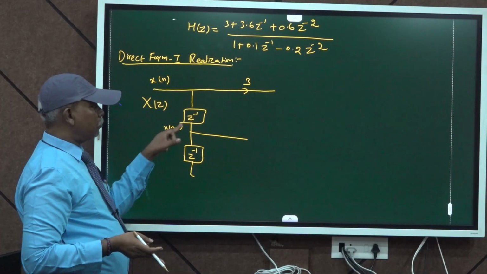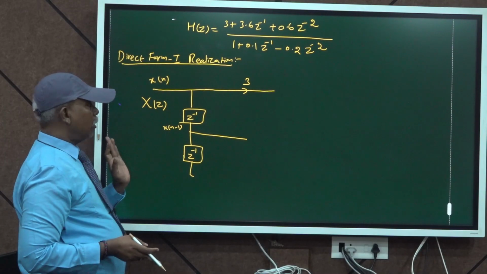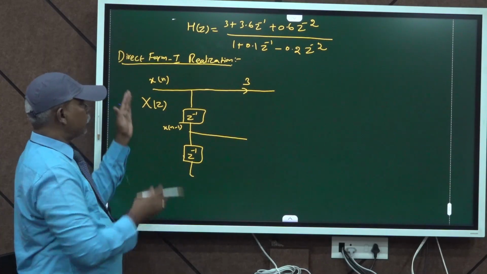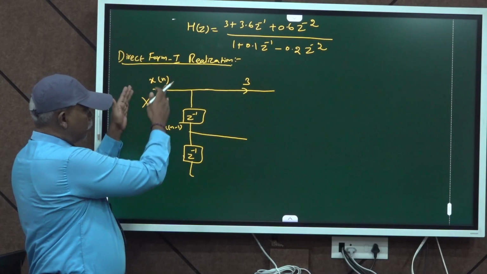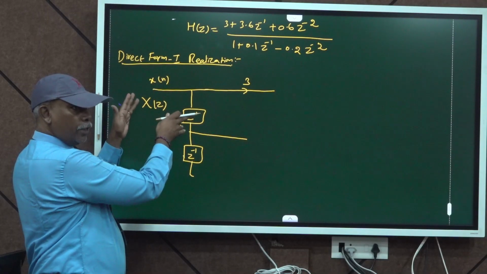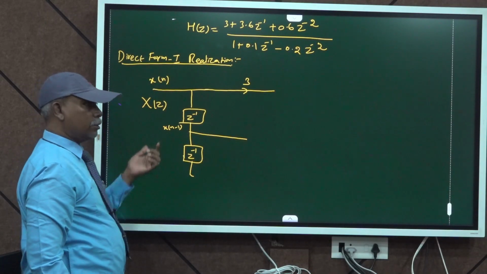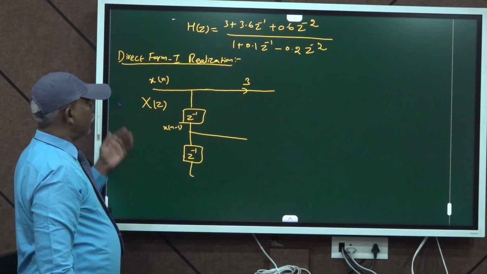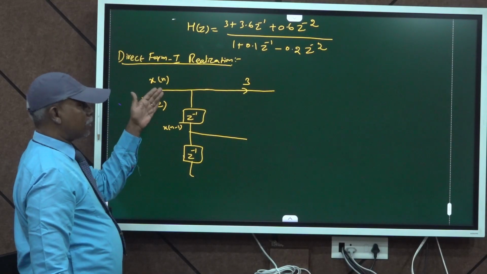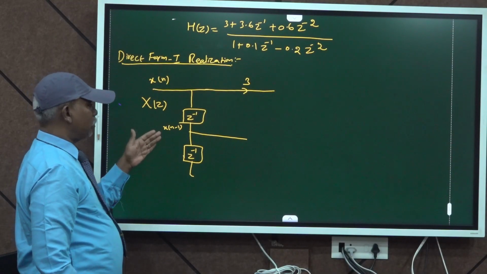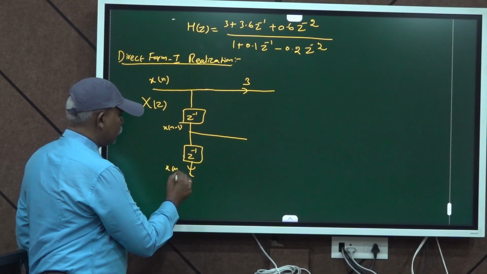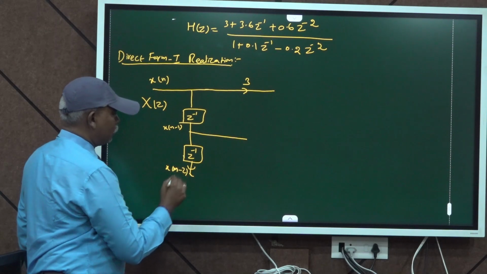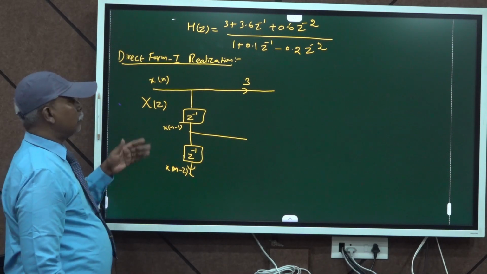The previous input is stored in a memory location. When the next input comes, the current input moves along and becomes x of n minus 1. Then when another input comes, that is x of n, the previous is x of n minus 1, and the one before that is x of n minus 2.